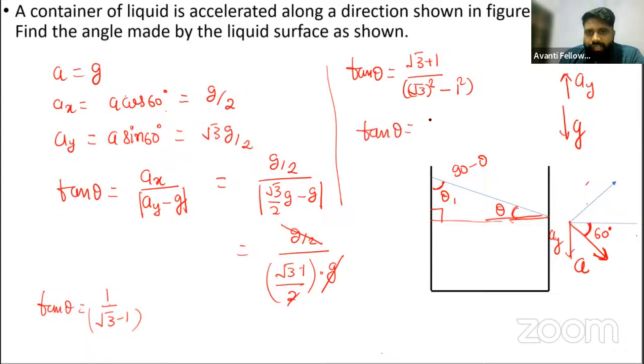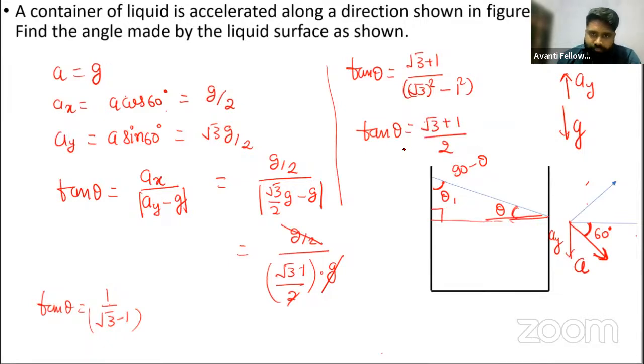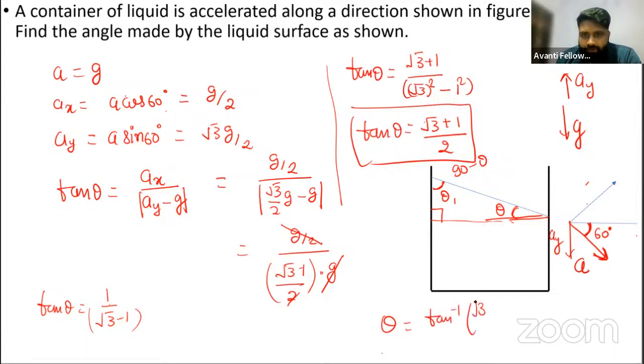So tan theta you would have as root 3 plus 1 divided by 2. So this is the value of angle. So theta you can also say that it is tan inverse root 3 plus 1 divided by 2.